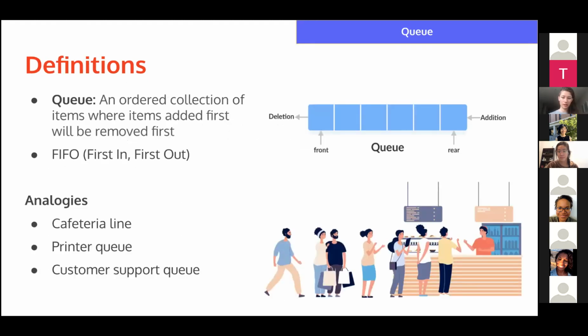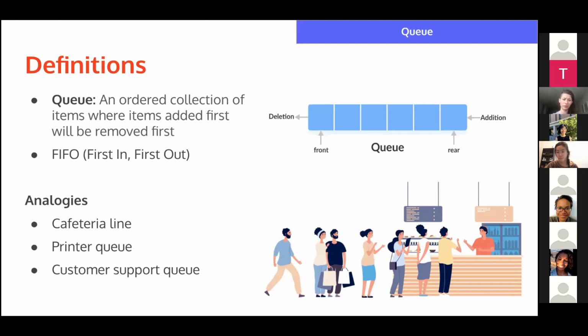Just to give y'all a quick overview, some obvious comparisons would be a cafeteria line, or a line at your local coffee shop. If everything's working right, the first person in line should be the first person that gets served.